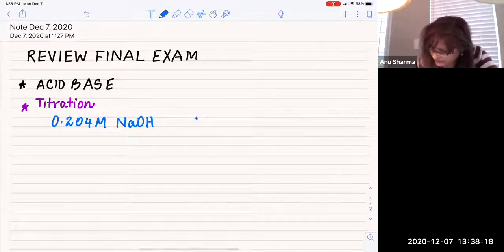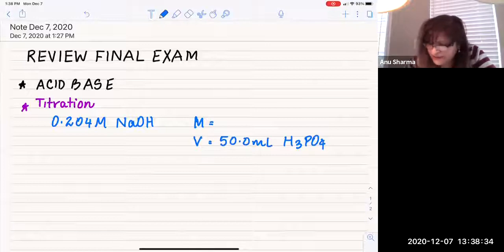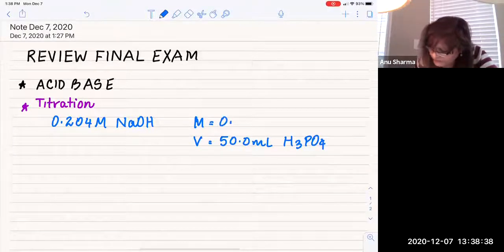The molarity is 0.204 molar and the volume given is 50.0 milliliters of H3PO4, and this is an acid, which is 0.0224 molar.